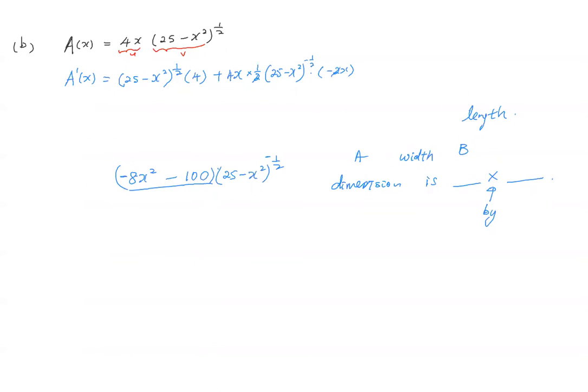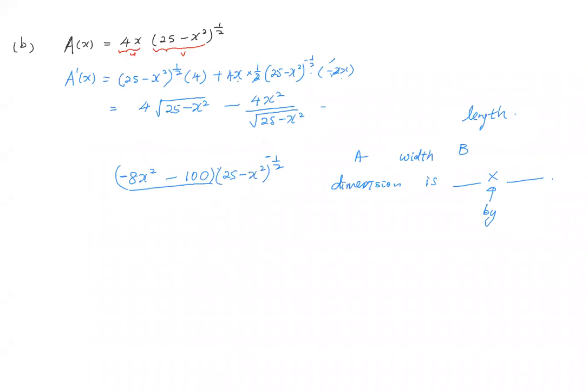So we have 4 times square root of 25 minus x squared minus, because here is a negative and here is an x, here is an x. So minus 4x squared, this power negative, I divide square root of 25 minus x squared. Okay, so now if you want to simplify it, you can.